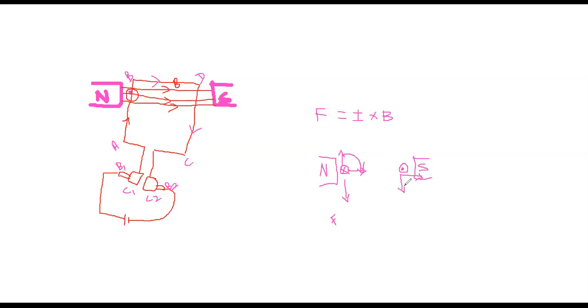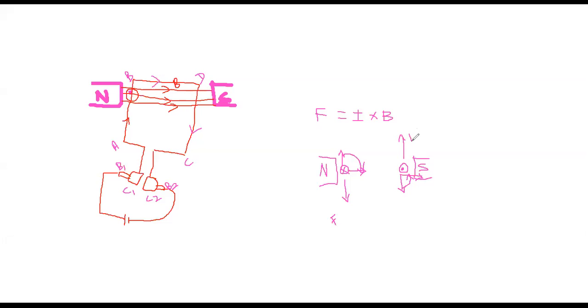So I want to multiply the direction of current with the direction of flux density. So what is the direction? It is in the upward direction. The force is coming in the upward direction.